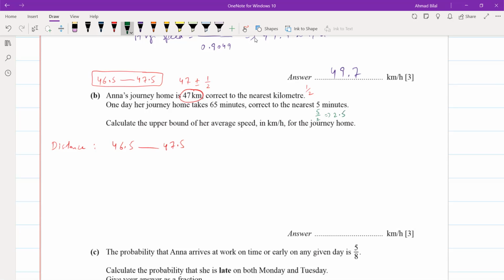That's 2.5. तो जो असल टाइम है हमारे पास इस केस के अंदर, that is 65 plus minus 5 over 2. ये आपके पास आएगा 62.5, the lower bound for that, and 67.5, that's the upper bound for that. So basically जो आपका टाइम है that can be anything between 62.5 and 67.5. इन दोनों के दरमियान में कहीं पे भी हो सकता है. Does this make sense to everyone? ये कह रहे हैं कि डिस्टेंस और टाइम की बाउंड्स हमारे पास क्या है?